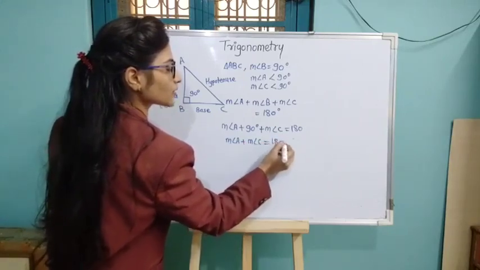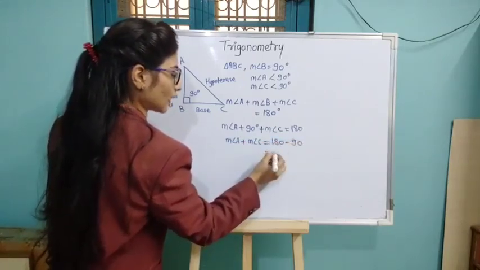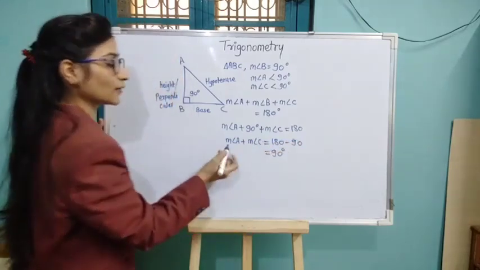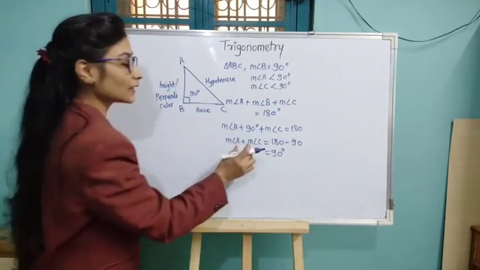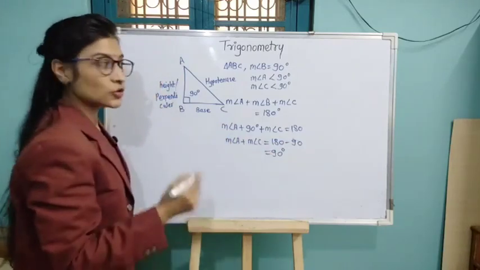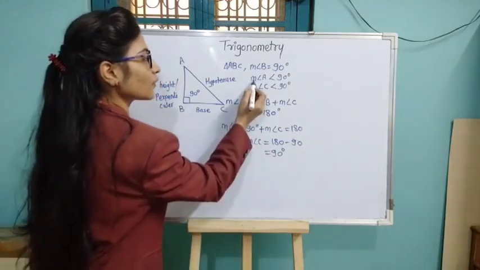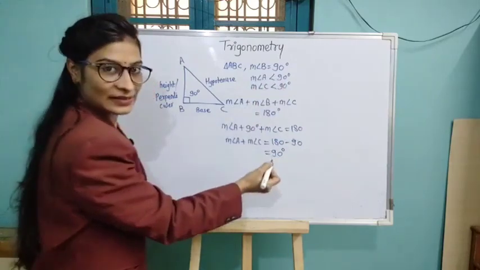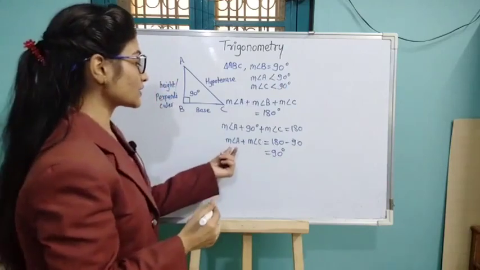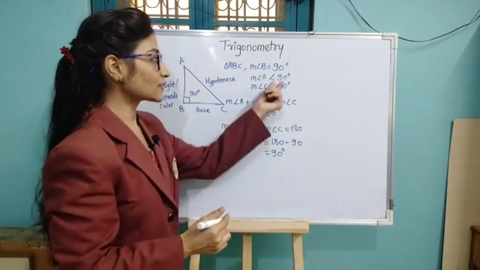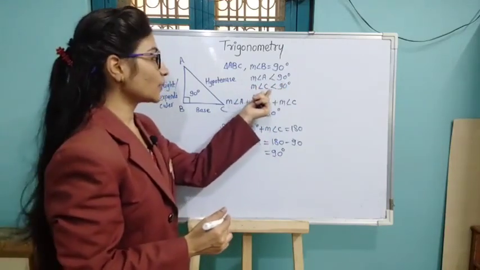So 180 minus 90 is equal to 90 degrees. So you can observe that if we add angle A with angle C, we get 90 degrees. So obviously the measurement of angle A is less than 90 degrees, and angle C is less than 90 degrees, because the sum of both angles is 90 degrees.